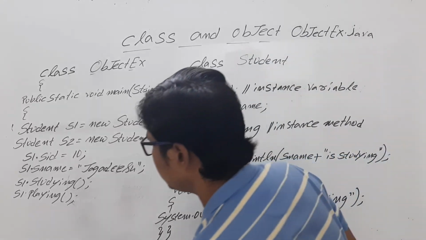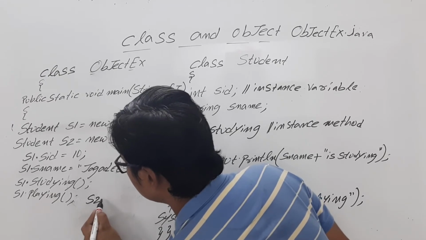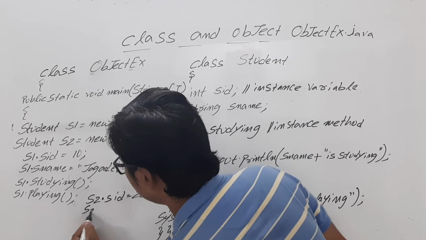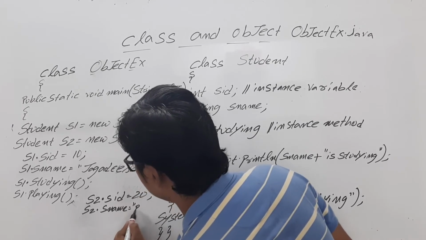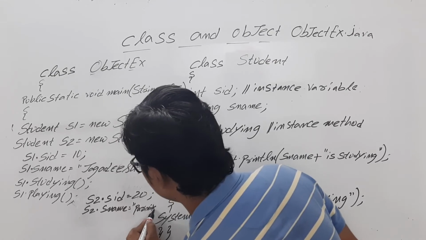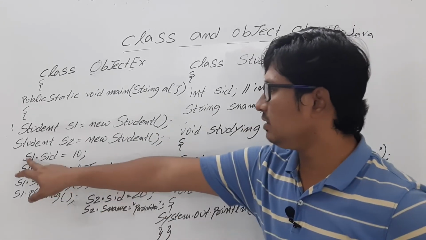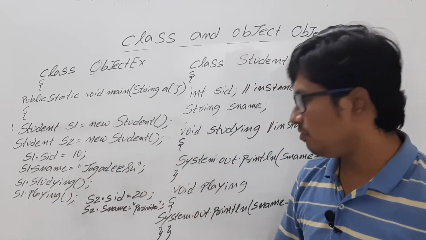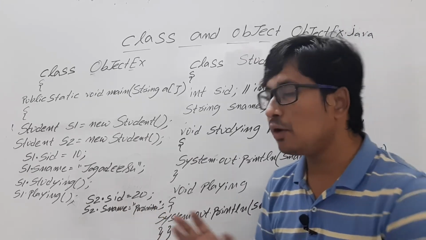Similarly, let me write here after this, s2.sid is equal to 20 and s2.sname is equal to Parnika. Look at here. For the s1 object, sname is Jagadish. For the s2 object, the student name is Parnika. So you have two memories.